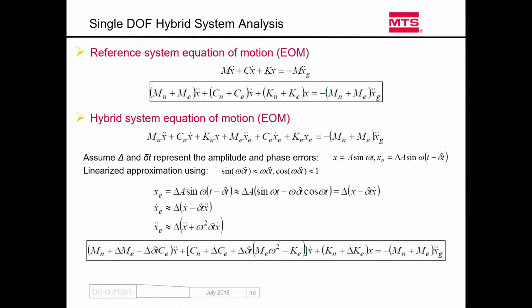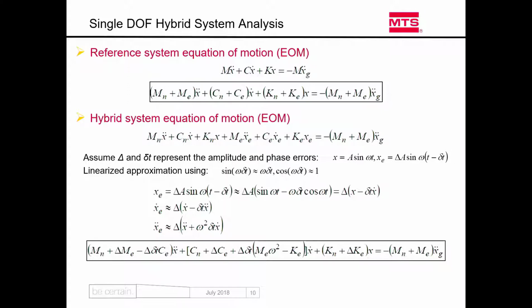And especially what's interesting here is that you see, because this is associated with the velocity term, that's the damping term, right? That's the damping term for the hybrid system. And you see there is a negative sign here. That means your experimental substructure stiffness contributes to the negative damping of your whole hybrid system.